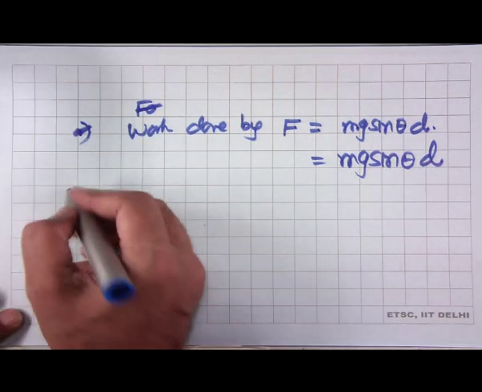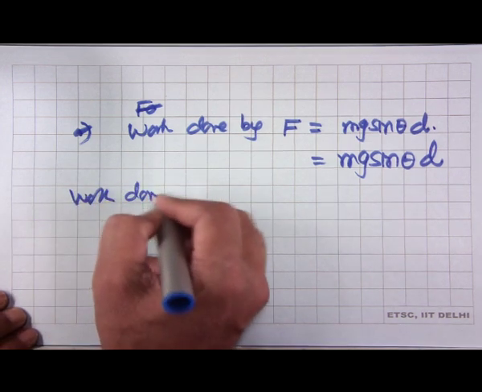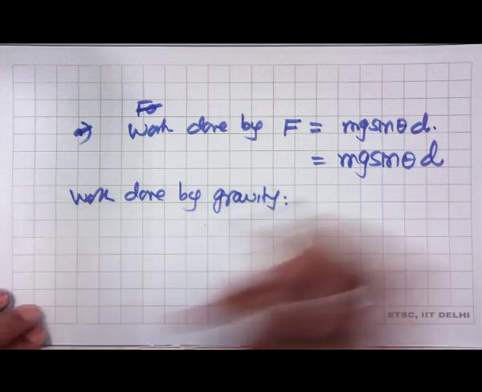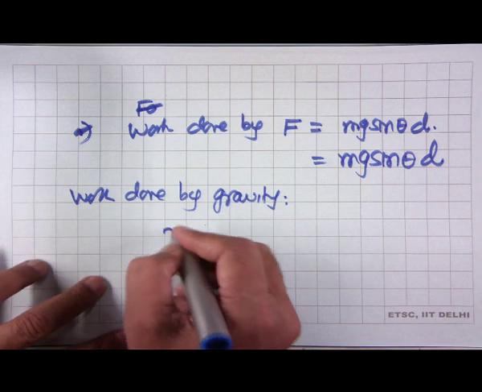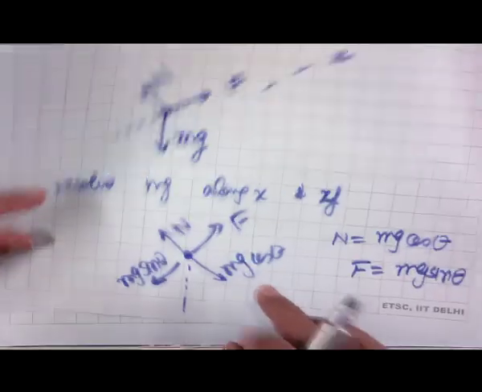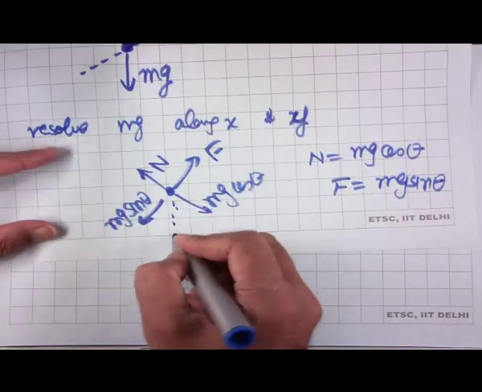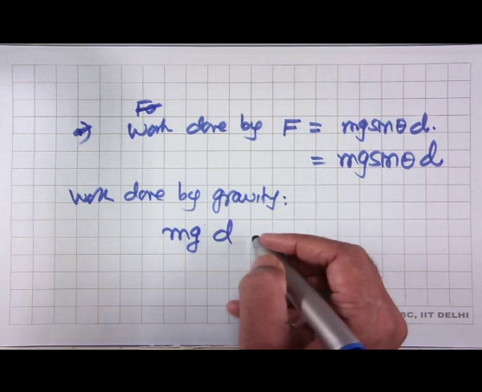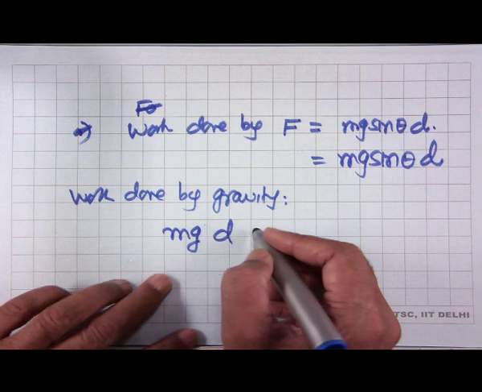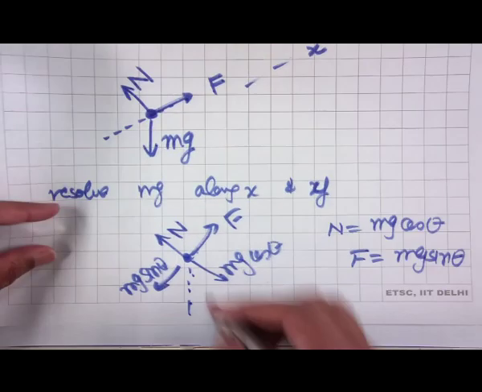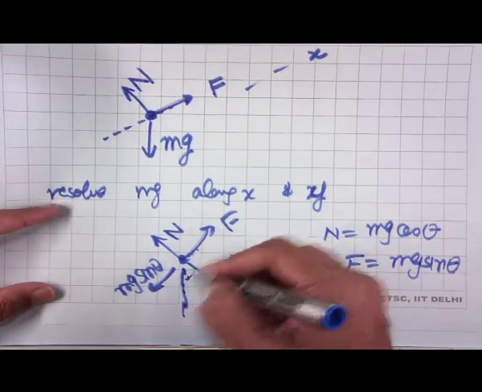Now, the work done by gravity: here the force is mg, the displacement is d, and for cosine phi, we have to find the angle between the force and the displacement.